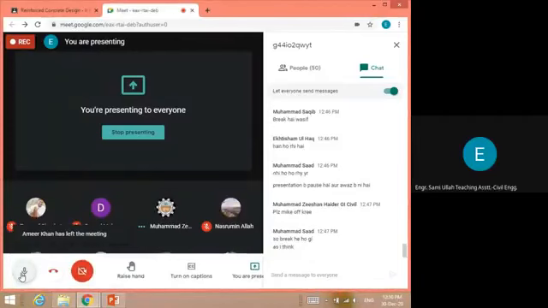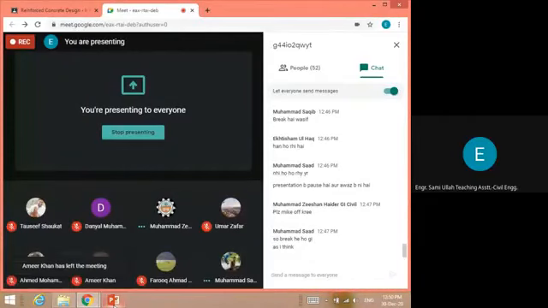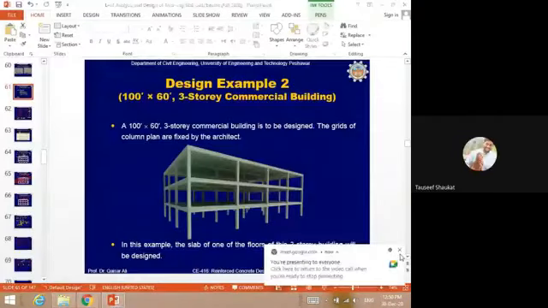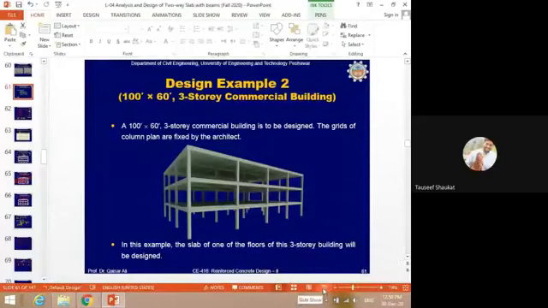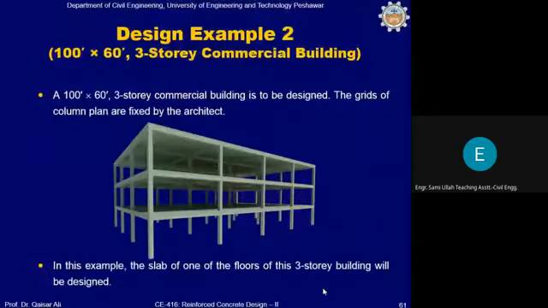Okay, can you see the slides? Yes, sir. So this is design example 2, which is design of a 3-story commercial building, and we will analyze only one floor of this building.